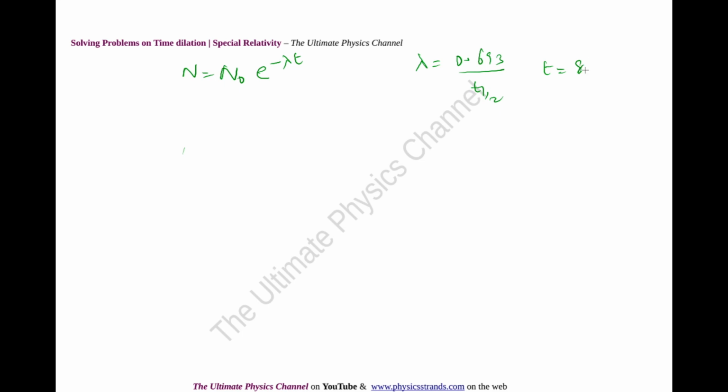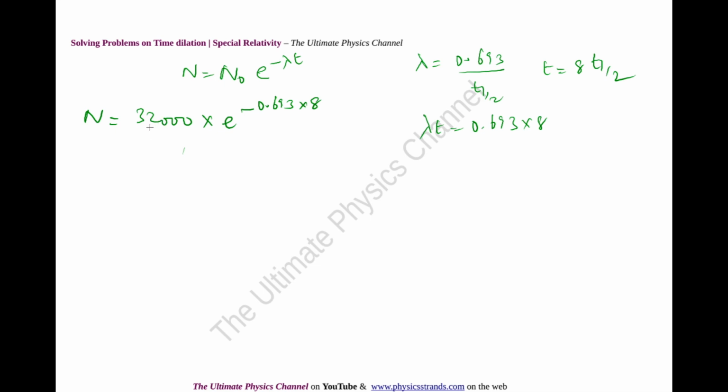So 8.57, I'm ignoring even the 0.57, I'm taking only 8 half-lives, 8 t half. So lambda t would be 0.693 times 8. So the number that would remain, capital N, is equal to 32,000, which was originally there, times e to the power minus 0.693 times 8.